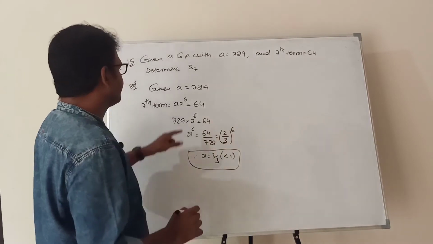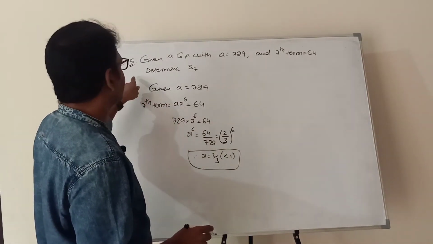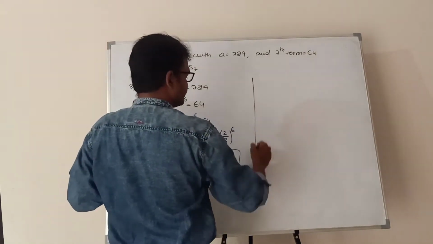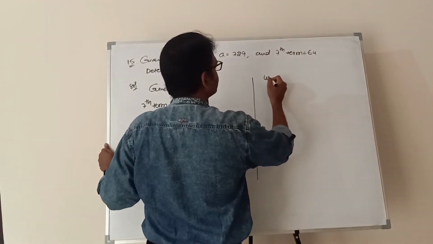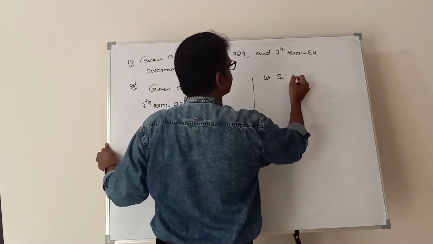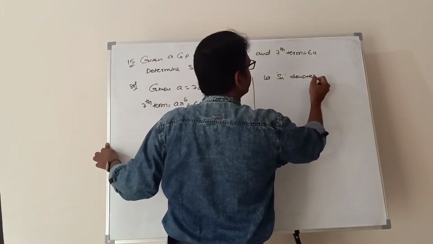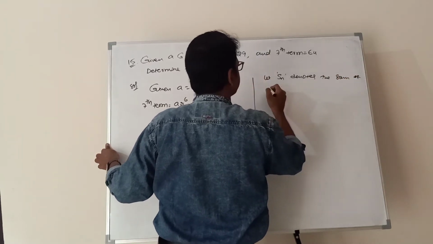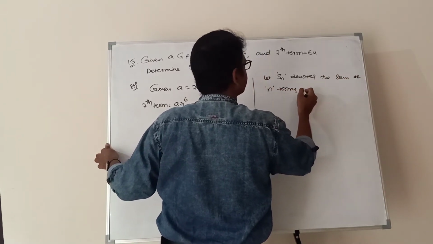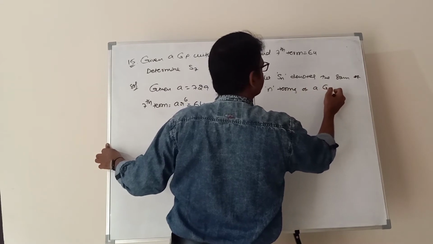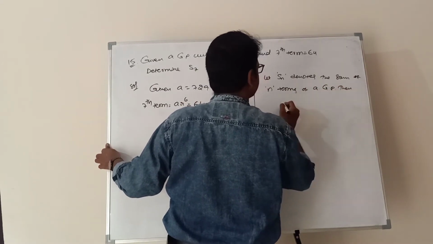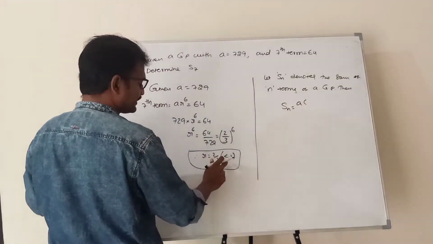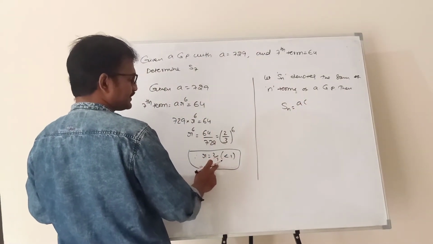Next, we know the a value and we know the r value. The seventh term is 64. Determine S7. Let Sn denote the sum of n terms of a GP. Then Sn is equal to the formula a into, here the common ratio value is 2 by 3, which is less than 1.